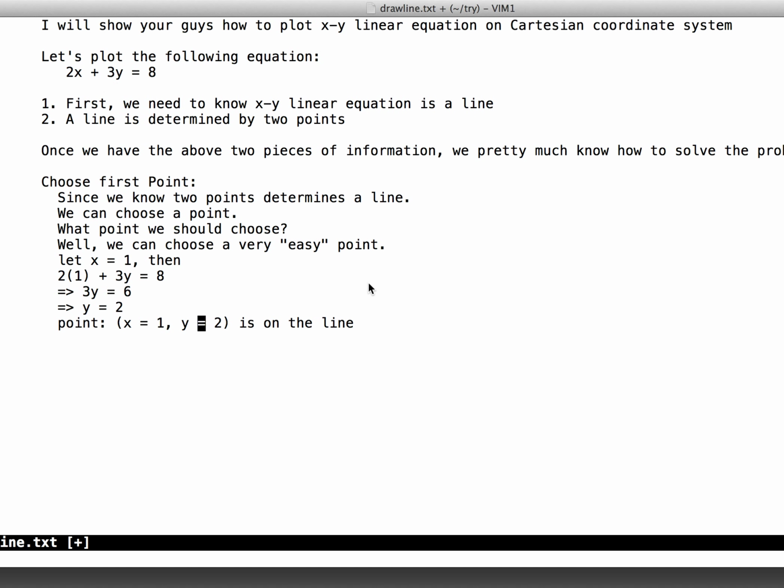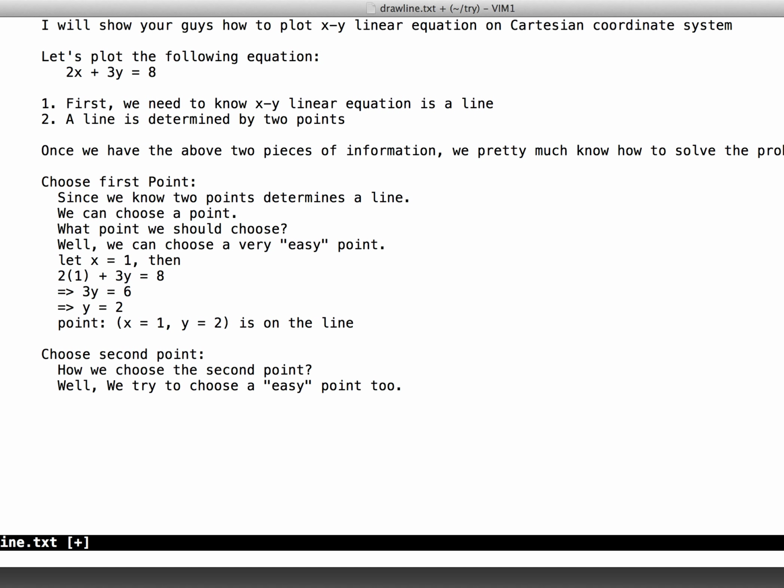Okay, we have the first point. We need another point. How can we choose the second point? We can use the same technique. We try to choose an easy point, meaning a small integer.